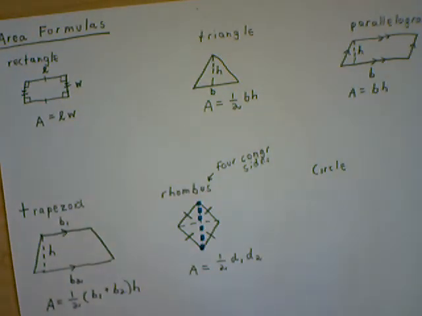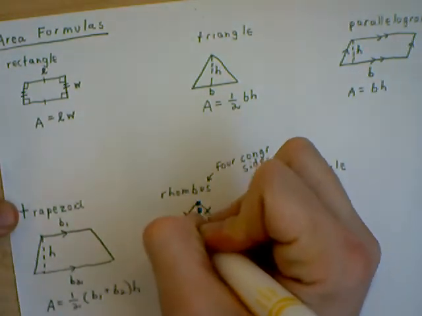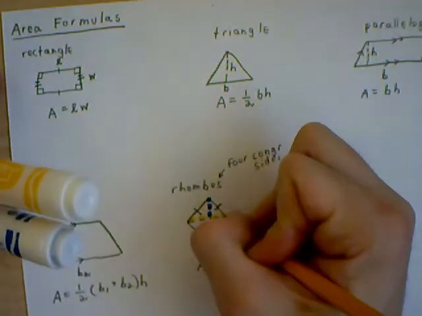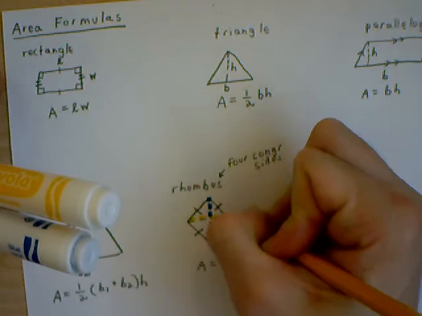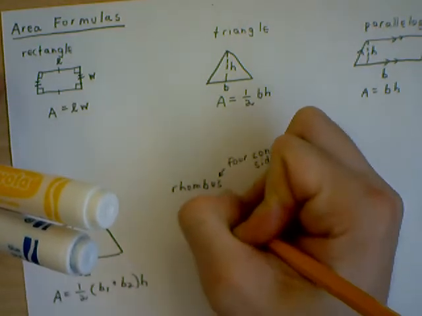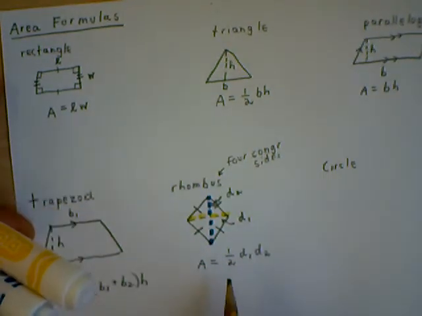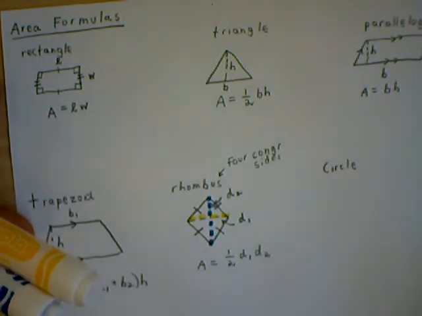And then here is diagonal 2. It actually doesn't matter which one is D1 and D2. So to find the area, you take half the product of the diagonals.